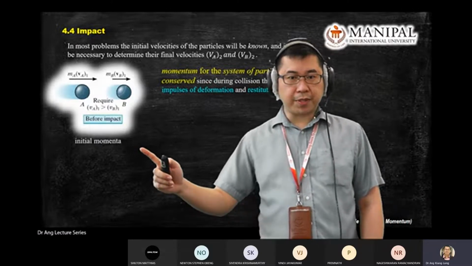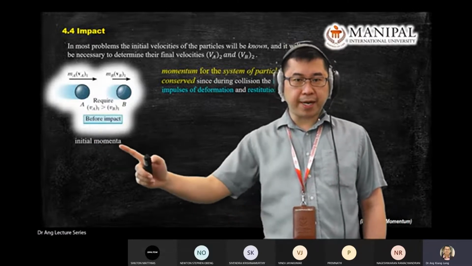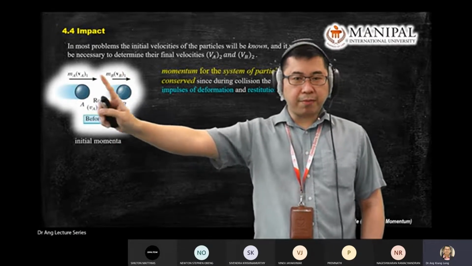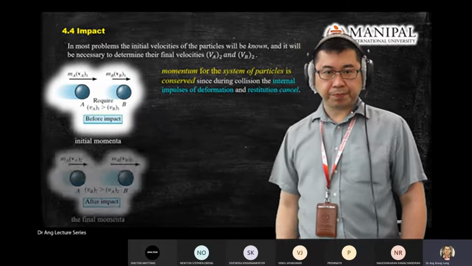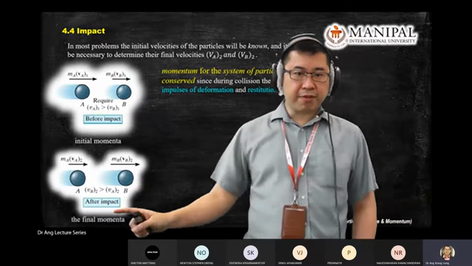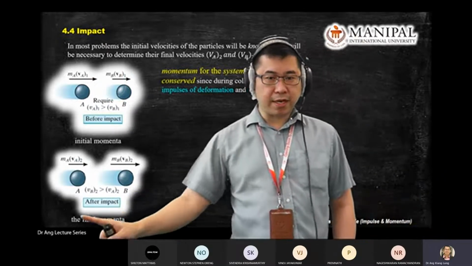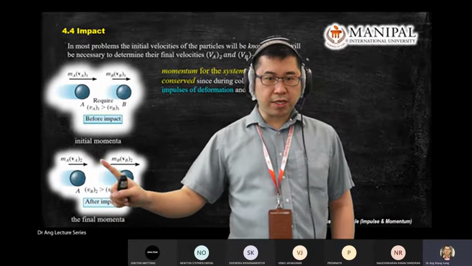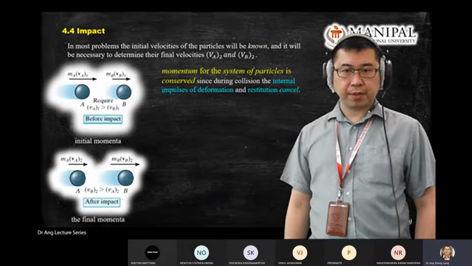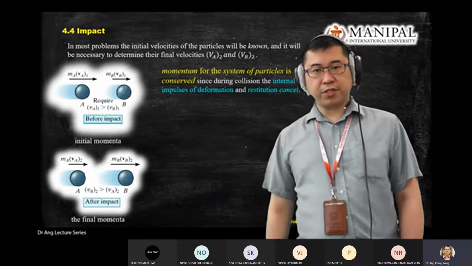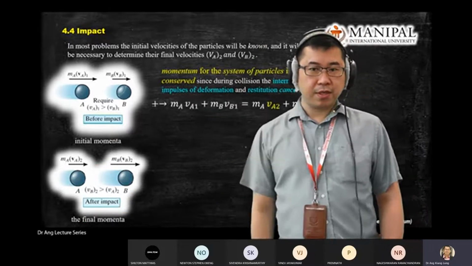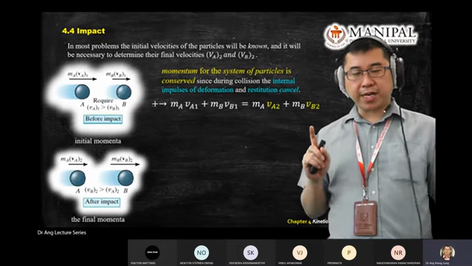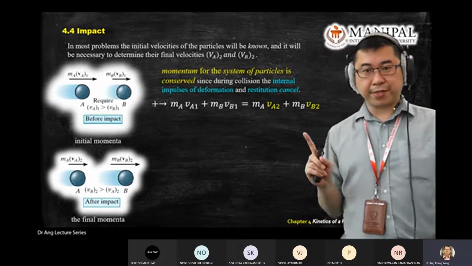Before impact we have the initial momenta, two different momentum, and after impact the final momenta, where the velocity also changes. By using the conservation of momentum, we can write the equation like this. We already covered conservation of momentum in the previous lecture.